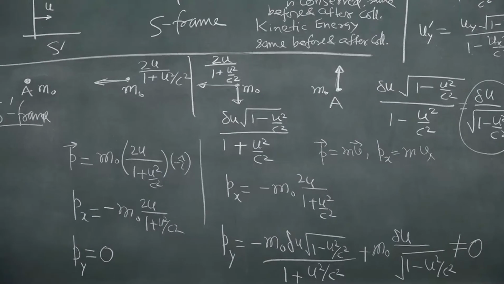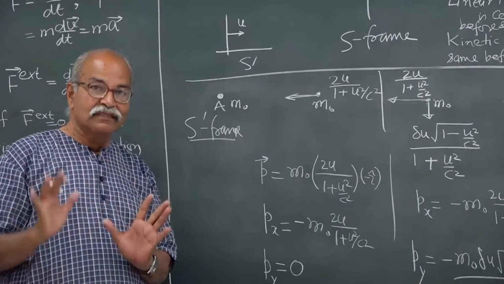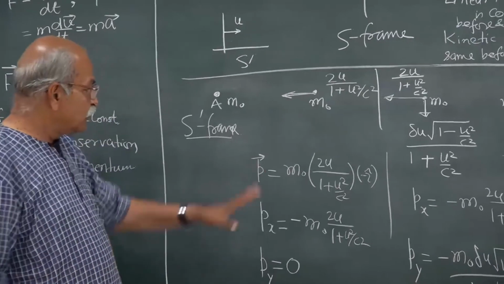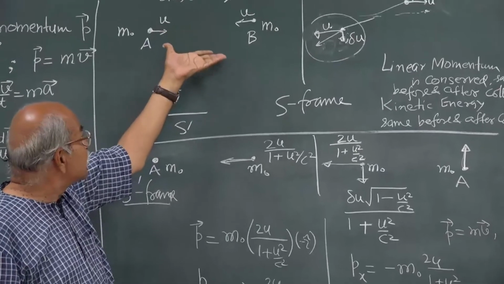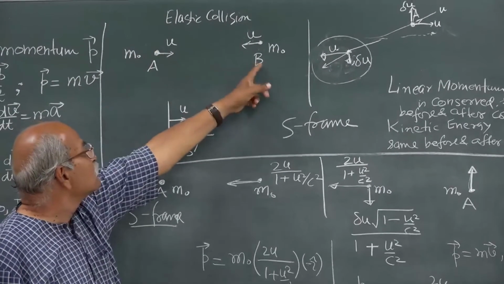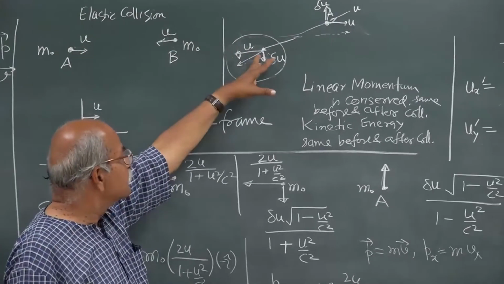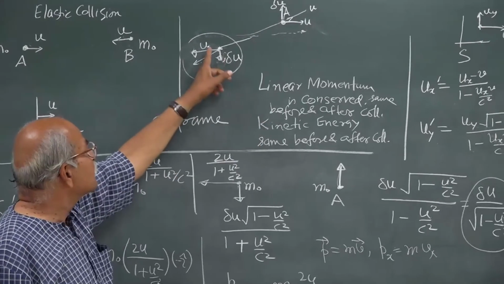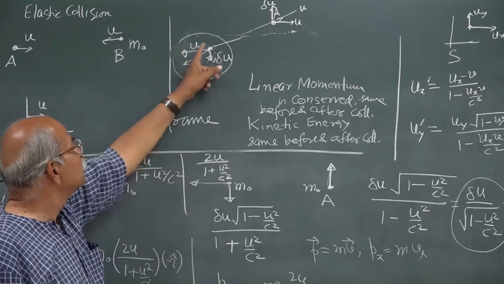Okay, so we have done the velocity transformation according to the Lorentz transformation, and what we find is that if we take this specific example, mass m naught here, u here, collision, and then kinetic energy the same before and after, that tells me that to first order in small quantities this will be u, this will be delta u.